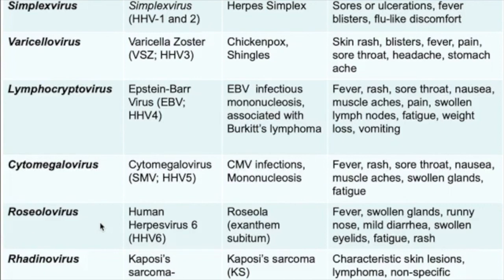Varicella virus, which causes chickenpox and shingles. The lymphoid virus, which causes Epstein-Barr virus infections like infectious mononucleosis, and can cause cancer. And you see the symptoms on there as well. So familiarize yourself with this particular slide as well.